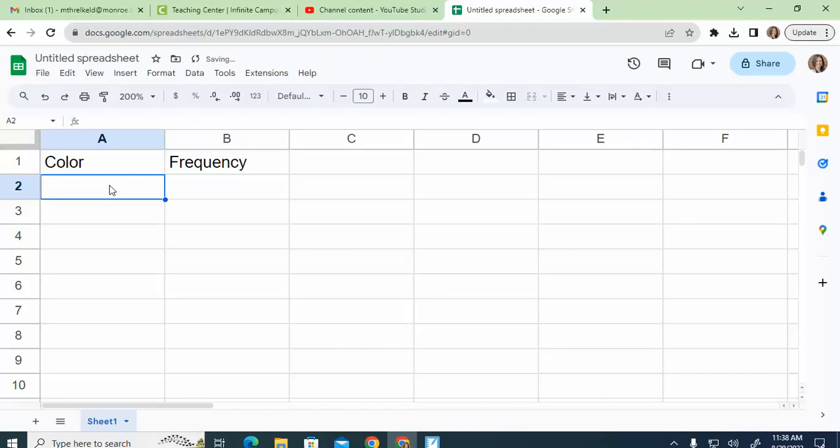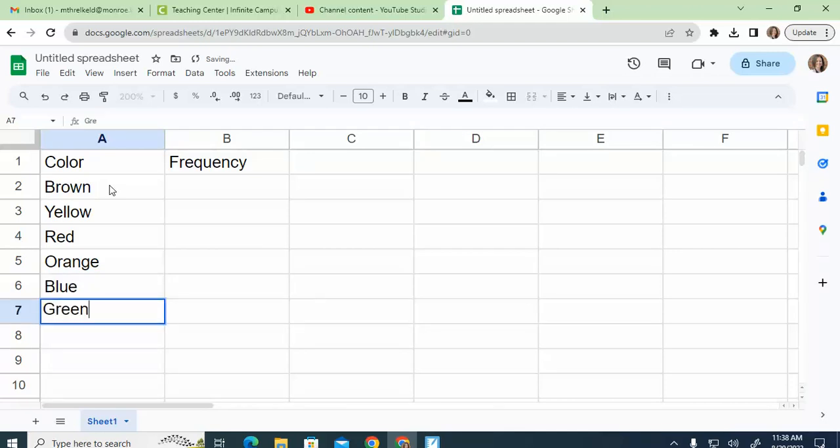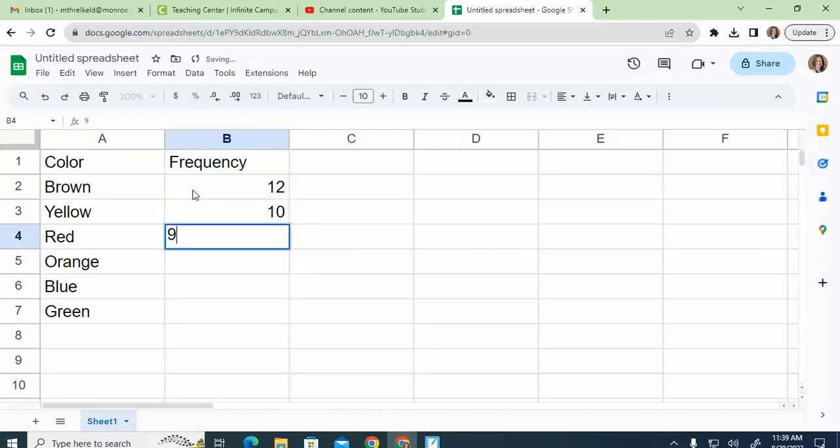If you put labels in this table, your Google Sheets will automatically move it into the graph later. So what do we have? Brown. Everybody have their stuff typed in?